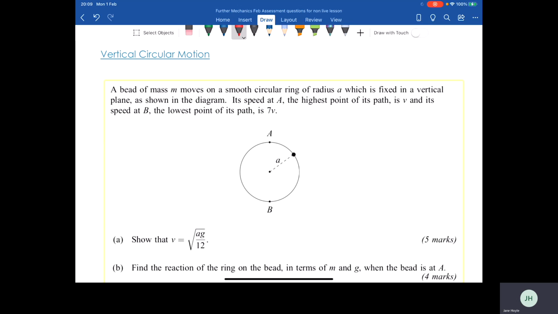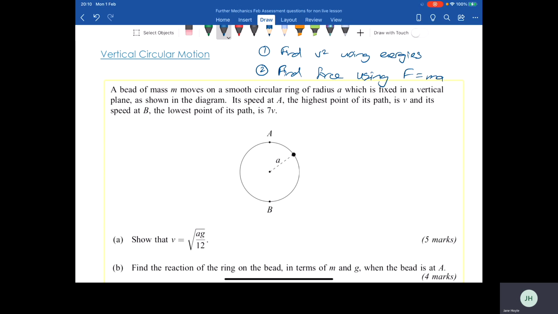Vertical circular motion. Every single time you do the same 2 things. I know you can get some quite complicated problems and you can have many forces, but essentially it's the 2 things every time. Firstly, you find an expression for v squared using conservation of energy. It's the same every single time. And then we find some force. It could be tension, it could be normal reaction, using F equals MA.